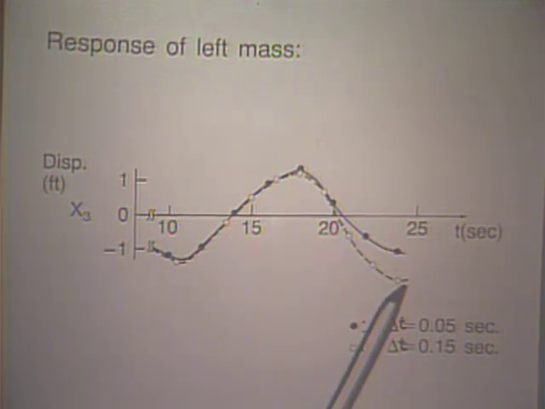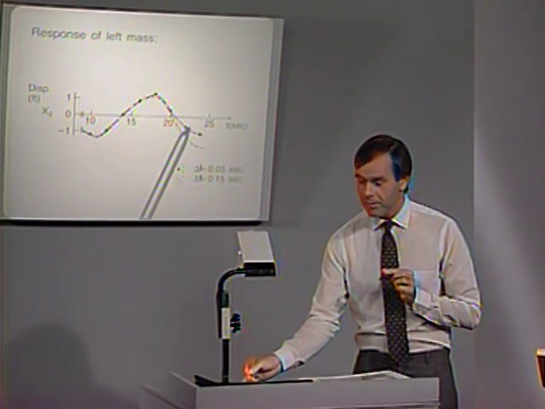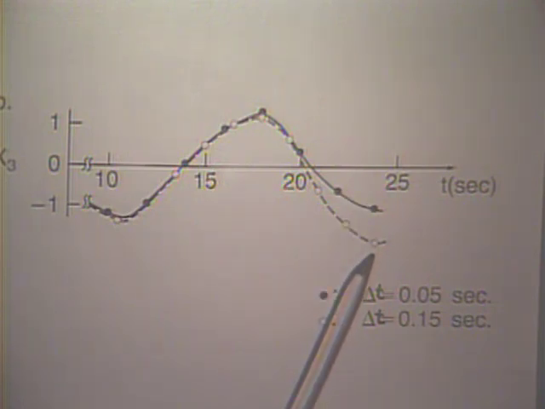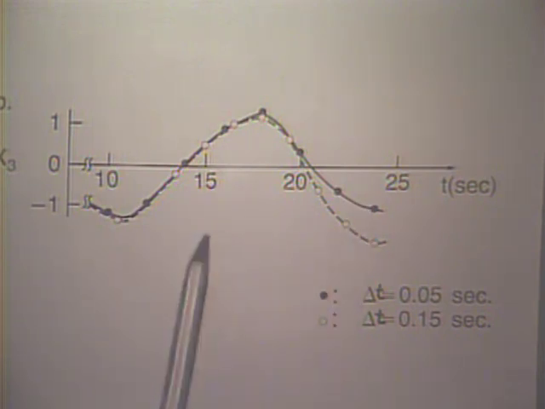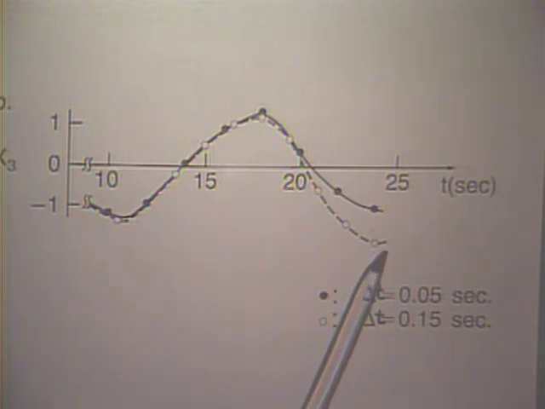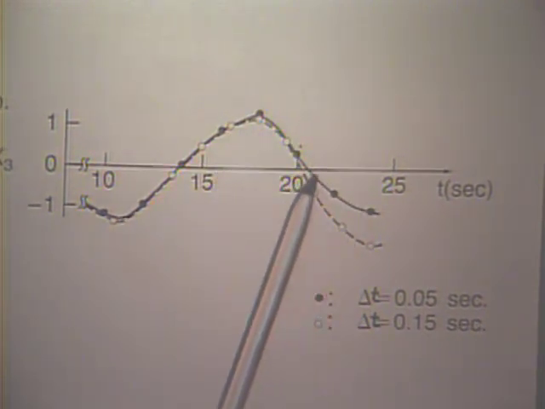It, in fact, was only unstable for a very few time steps. There's an error accumulation, fairly large here. In fact, very large. You can see that these displacements are only about 50% of those displacements. But you cannot see directly an instability here if you don't know that solution.